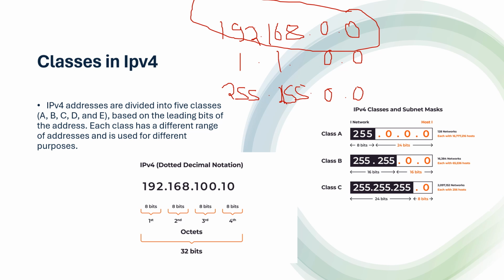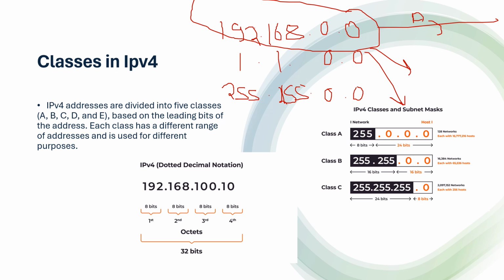The router would distribute this address to multiple hosts. Suppose the router has to distribute this address among three hosts. How would it distribute?